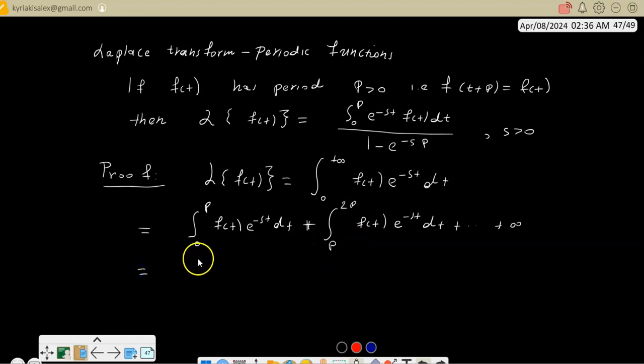Now, how can we write this? We keep the first integral from 0 to p. And if we want to write the other integrals from 0 to p, we just have to change the variables.